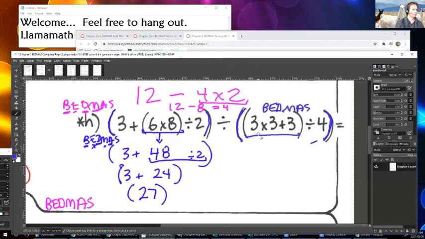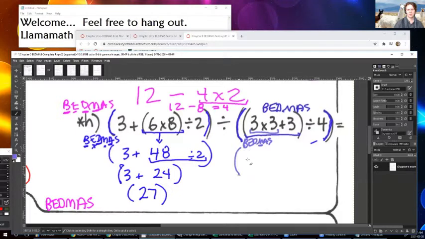So I should probably choose an even brighter or lighter color of purple. In here, there's no brackets inside these brackets. There's no exponents. There is no division. There is a multiplication. So let's do this one first.